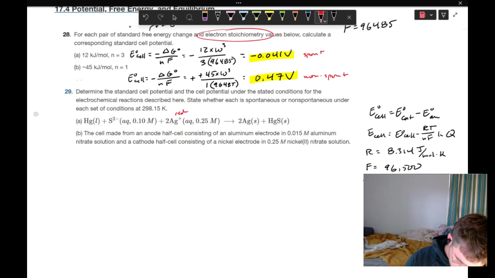Silver is being reduced, it's gaining electrons, and I think sulfur is our oxidized species. Yeah, loss of electrons. We're binding with mercury. Mercury is our spectator, we don't need it. Okay.